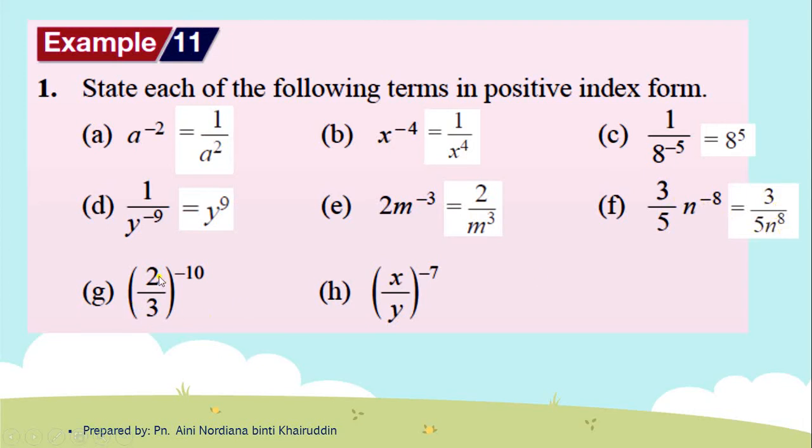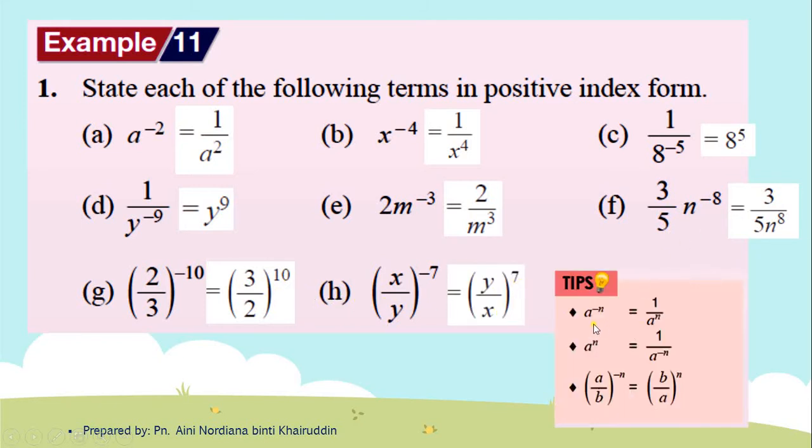For G, we just change the position of 3 and 2 here. So the answer is 3 over 2 to the power of n. For H, y over x to the power of 7.